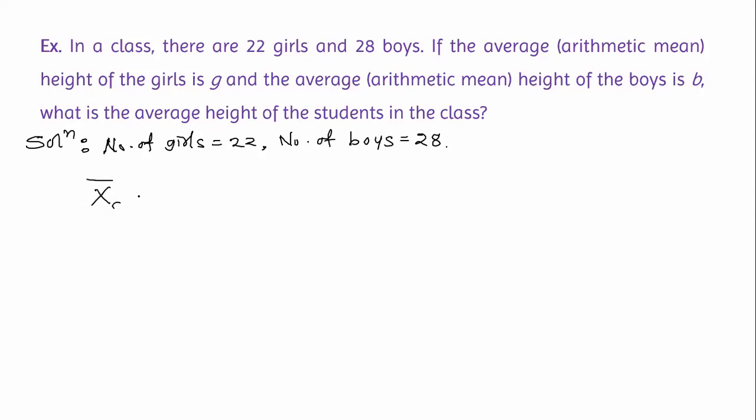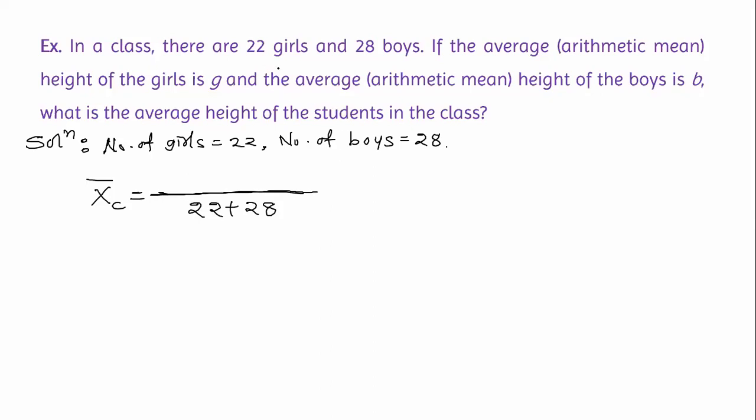So I'll say combined mean is equal to, in the denominator, total number of people, meaning number of students, so 22 girls and 28 boys. In the numerator, we'll have the sum of heights of all these 22 plus 28.